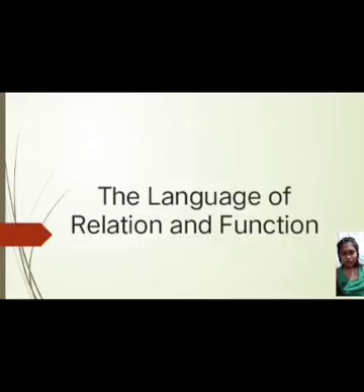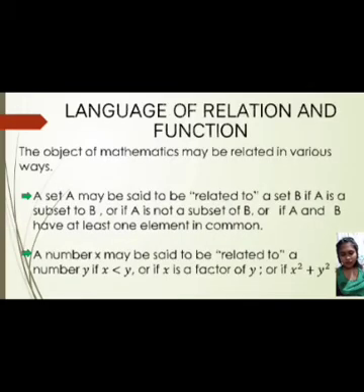The language of relation and function. The objects of mathematics may be related in various ways. A set A may be said to be related to a set B if A is a subset of B, or if A is not a subset of B, or if A and B have at least one element in common.